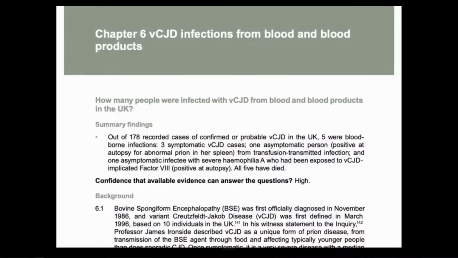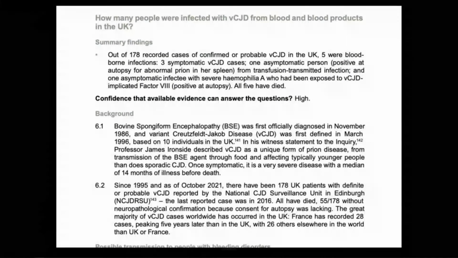And then we have there, again, the summary findings, which we looked at when we looked at the executive summary, 178 cases of confirmed or probable VCJD in the UK, out of which 5 were blood-borne infections. And then you set out a number of matters of background, which I don't think I need to ask you about.